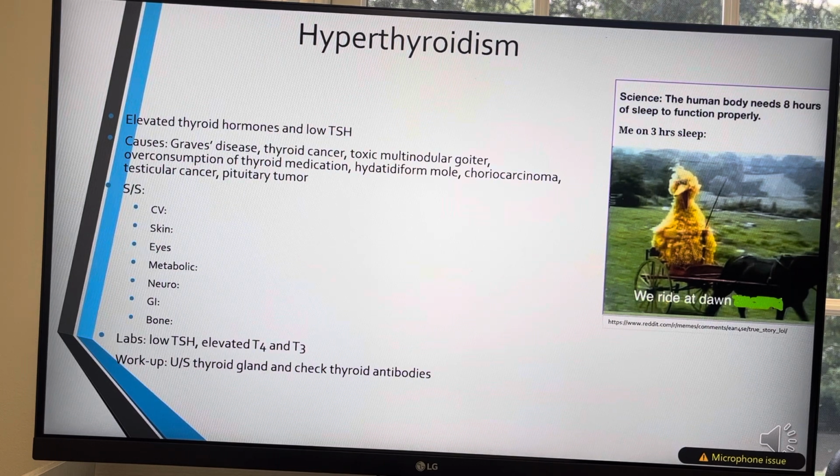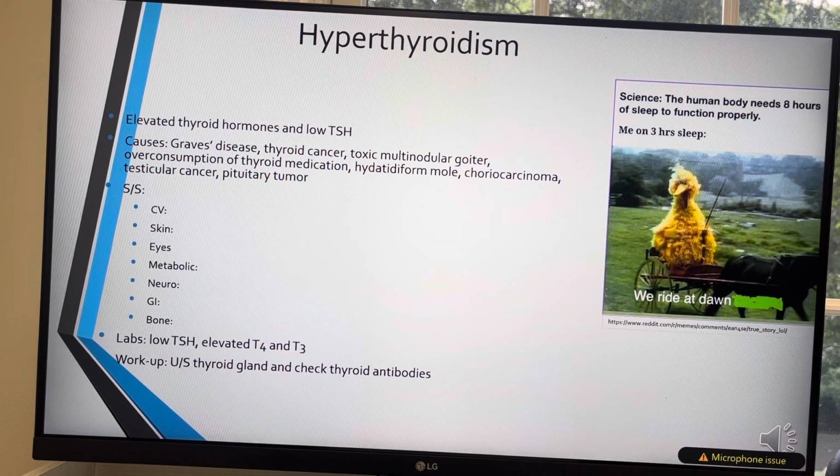Hyper. Free T4 is elevated, TSH is depressed. You can see this with Graves' disease. Graves' disease, most common. Autoimmune antibodies bind to TSH receptors, but instead of attacking them, like in Hashimoto's, they stimulate them.